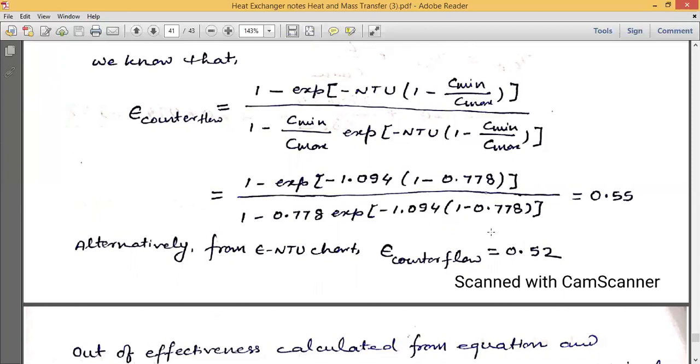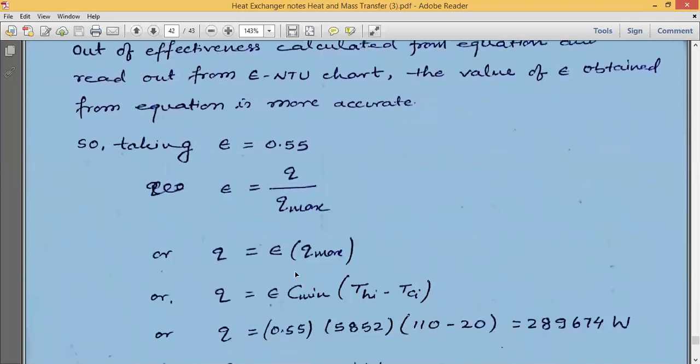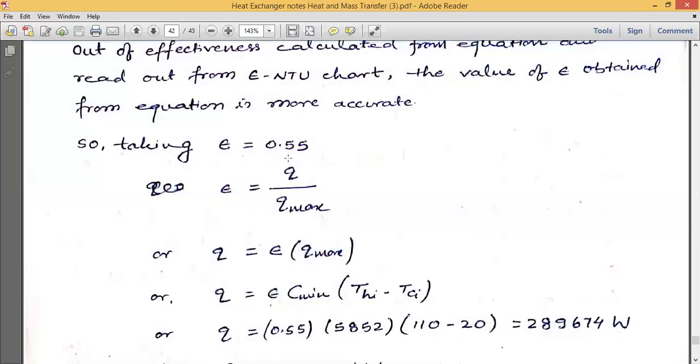So out of these two, since the equation calculation is more accurate, we will take the effectiveness equal to 0.55 and continue our solution. So we are taking the effectiveness value as 0.55.